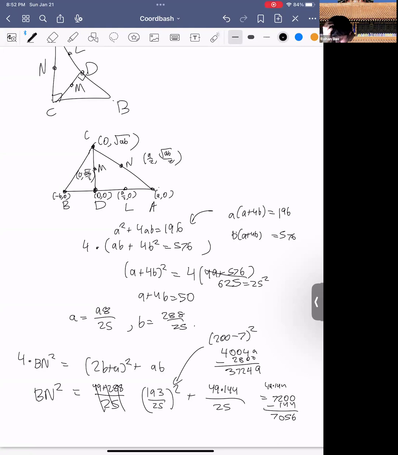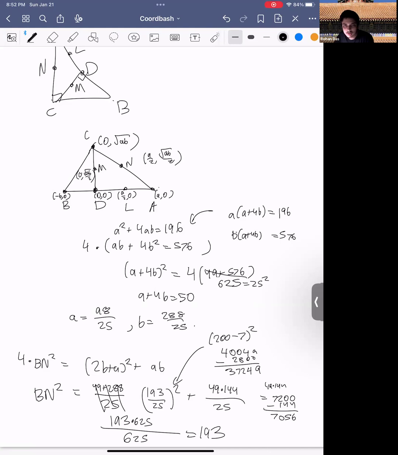I believe this term also might have an error, but yeah, it is 7056. And the point is that when you add these numbers, you should get 193 times 625 in expanded form over 625. And that gives the answer of 193.